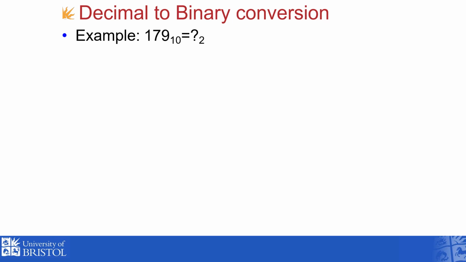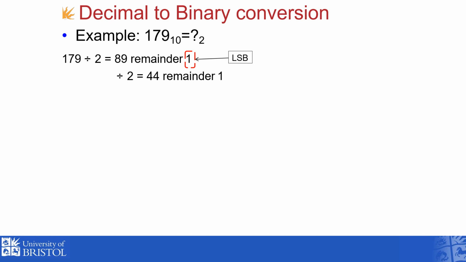Now, I know that that might have been a little bit complicated in theory, so let's try to understand things with a simple example. Assume that you're given the number 179 and you want to convert that to the binary system. What you would do is start by dividing by 2. This would give you 89 and a remainder equal to 1.